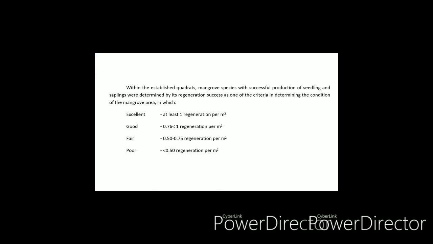Good is 0.76 to less than 1 generation per square meter. Fair is 0.50 to 0.75 generation per square meter. And the last is poor, with less than 0.50 generation per square meter. During the sampling period, the remaining species observed gave poor condition.